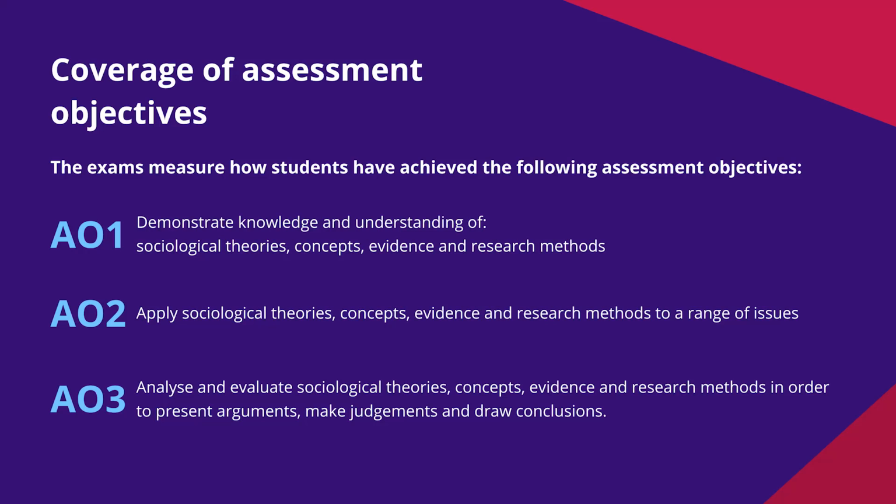Then we have AO2, where students are asked to apply sociological theories, concepts, evidence and research methods to a range of issues. Then finally, assessment objective 3, which requires students to analyse and evaluate sociological theories, concepts, evidence and research methods in order to present arguments, make judgments and draw conclusions.